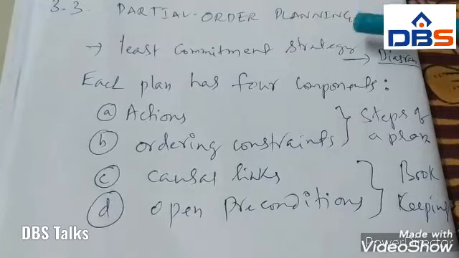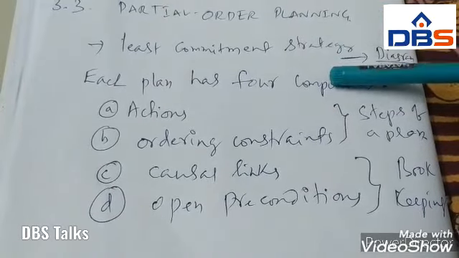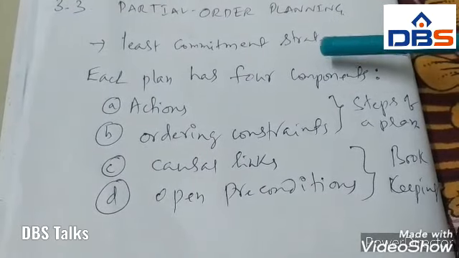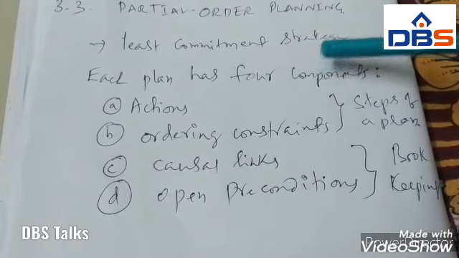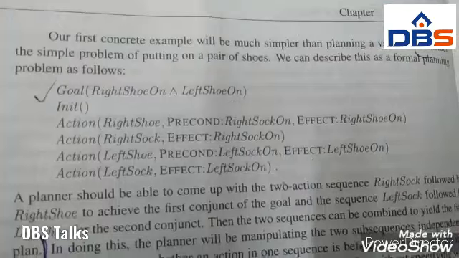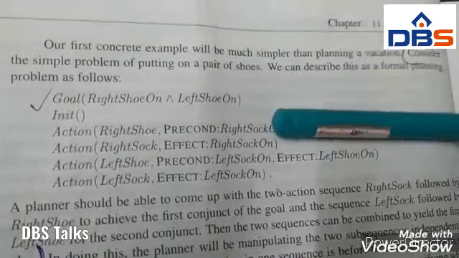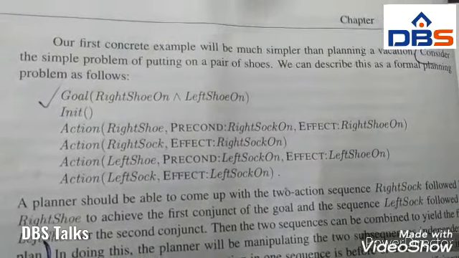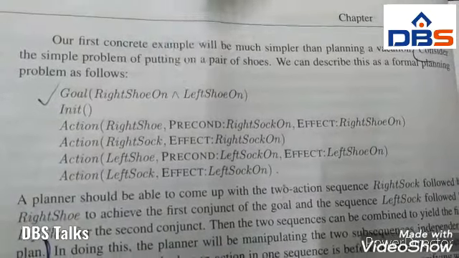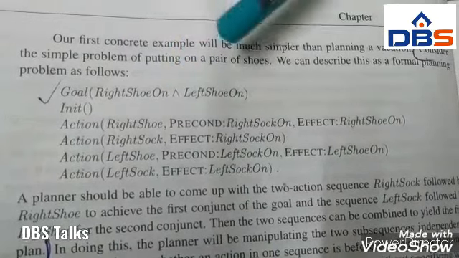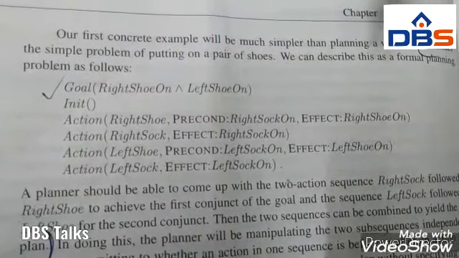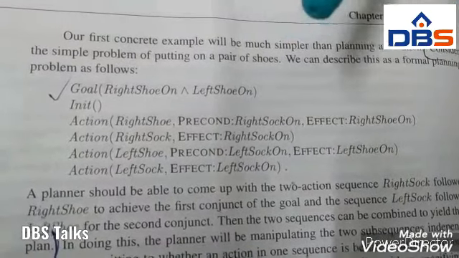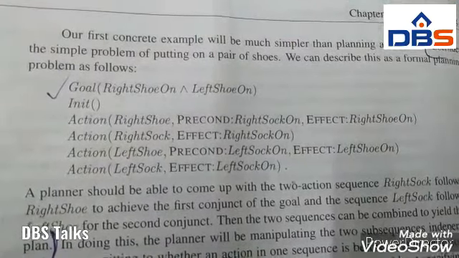Here we are showing one diagram, which is the shoe and socks problem. Initially the goal is right shoe on and left shoe on, and we have to wear the 2 shoes, both the left one as well as the right shoe.